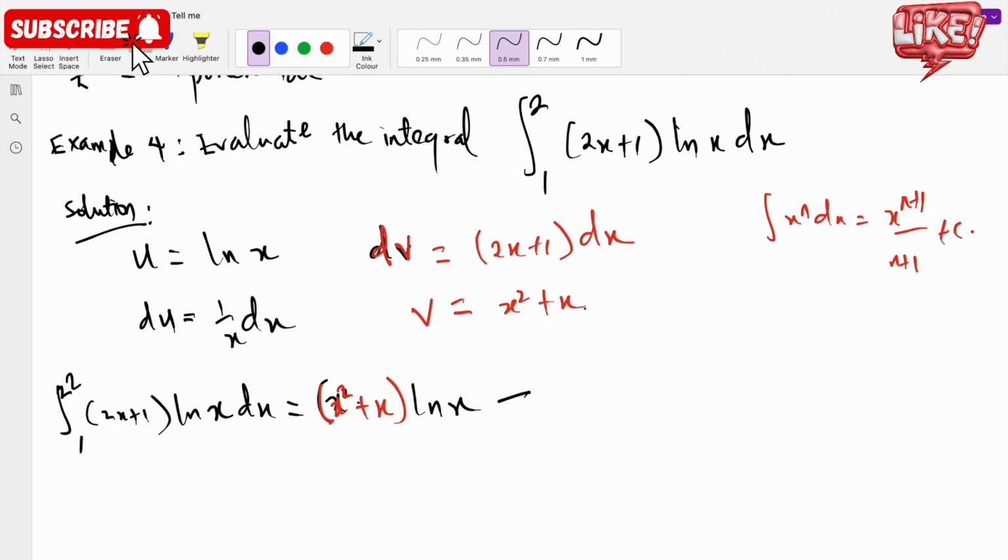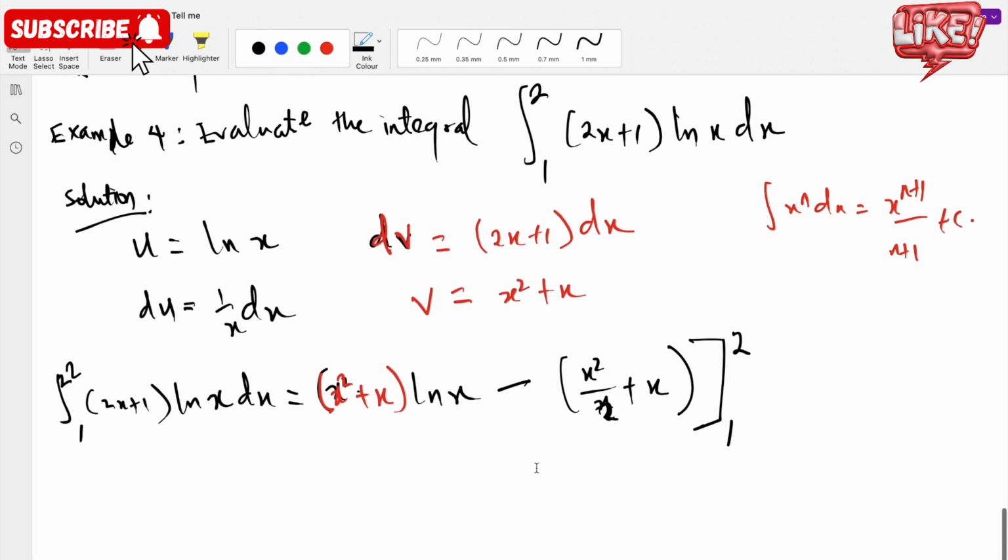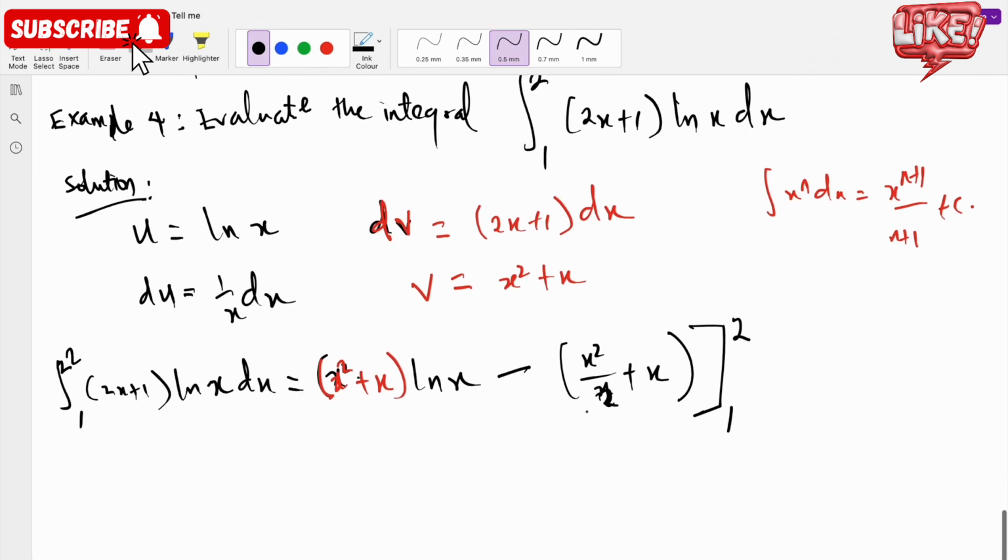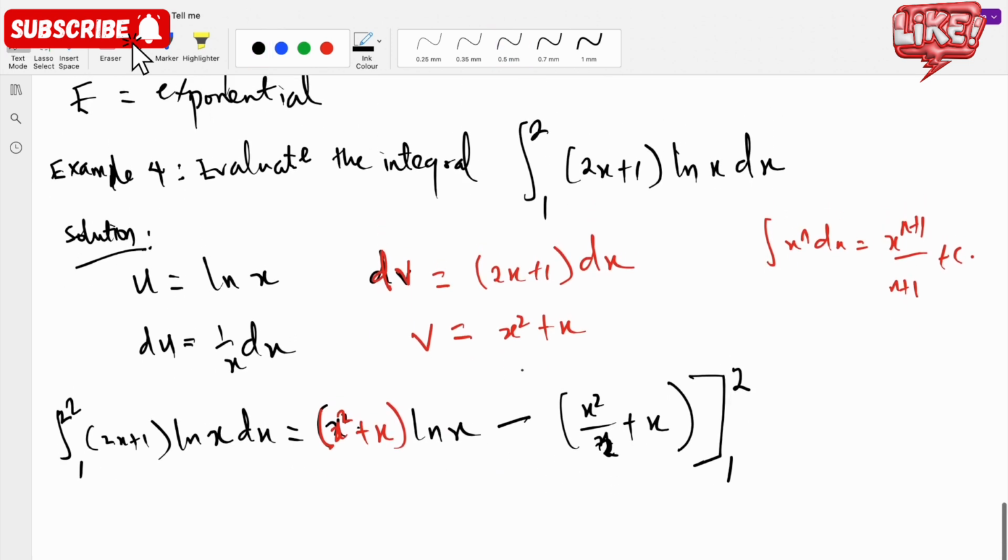now if you solve this, you get x squared over 2 plus x in brackets, then you need your 1 and 2. Now if you might ask, how did we obtain this? Now this is your u dv, right?